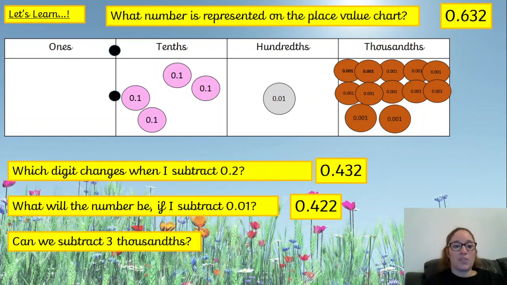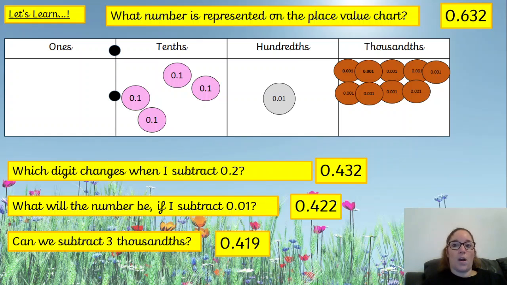Now can we subtract 3 thousandths? We can. So let's take 3 of those away. How many thousandths have we got now? We've got 9, so our number is 0.419. So if you remember how we did it with place value counters when we were looking at addition and subtraction earlier on in the year, or at the end of last year, it's just the same with decimals, we can exchange.